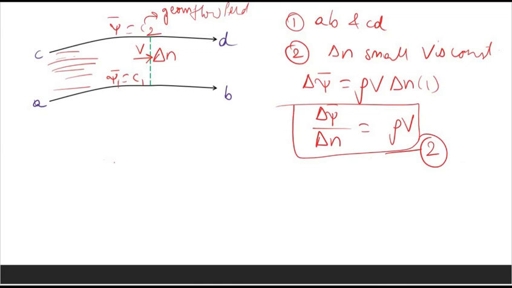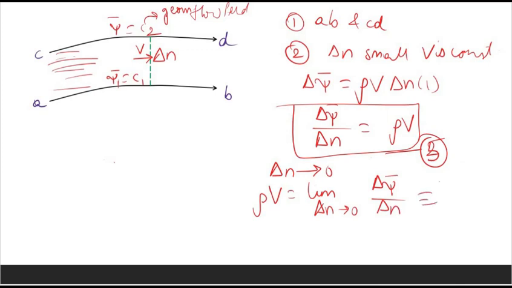Now, in this equation, oh, I beg my pardon, it is equation 5. Yes, in this equation 5, if delta n tends to 0, what happens to the equation? How can I write that? Can we write it in this form? Rho V equals the limit as delta n tends to 0 of delta psi by delta n, which is equivalent to dou psi upon dou n.